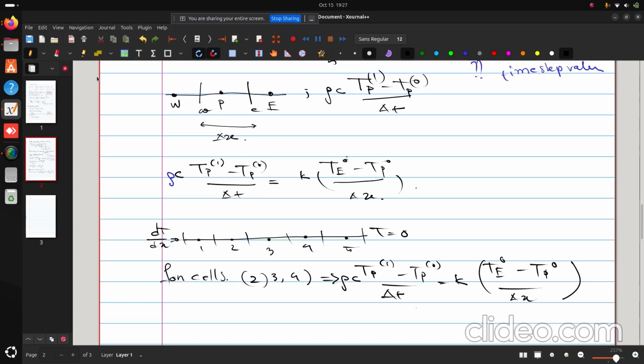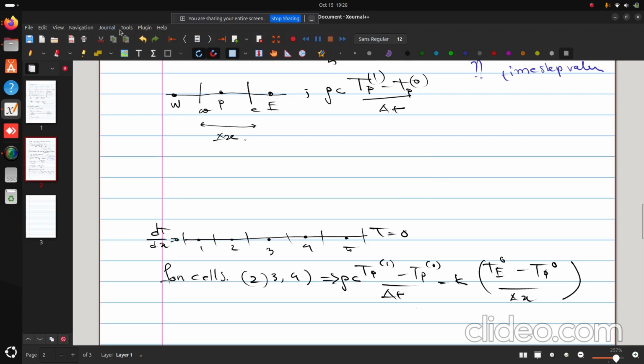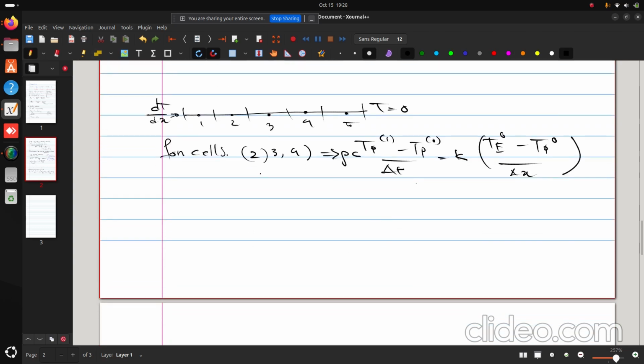So for the interior points, points 2, 3 and 4, we'll have both the neighboring cells, right? So we'll have T east and T west as well.